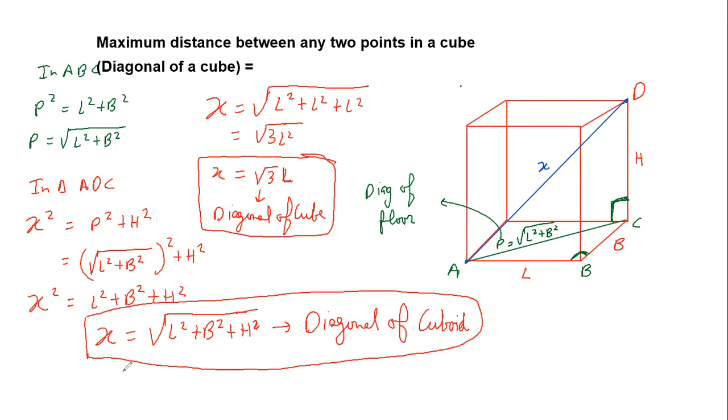The understanding is the same. The only difference between a cube and a cuboid is that in a cube all dimensions are the same. That's a perfect Rubik's cube. I believe you have seen a Rubik's cube, or I can say a perfect carton. And in a cuboid, the dimensions are different. So I hope you understand both the diagonal formulas: diagonal of a cuboid, diagonal of a cube.